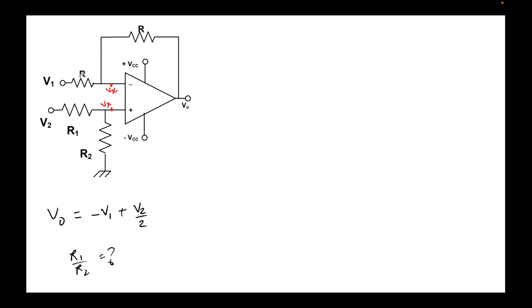This is very important. We assume the voltage is Vx here. Now, we apply KCL at this node. Remember, I am applying KCL at the inverting input. KCL says current going in equals current going out. So current going in would be V1 minus Vx upon R, equal to current going out, which would be Vx minus V0 upon R. This is the input current at this node, so no current can go here.